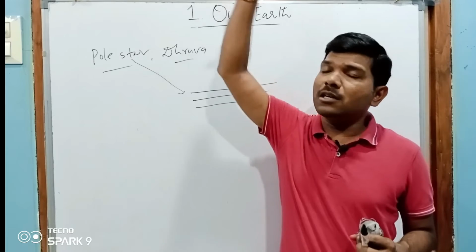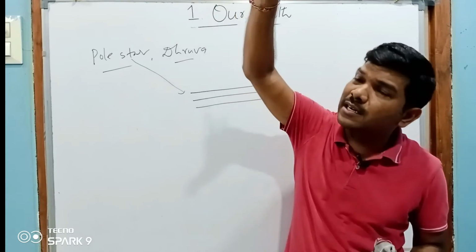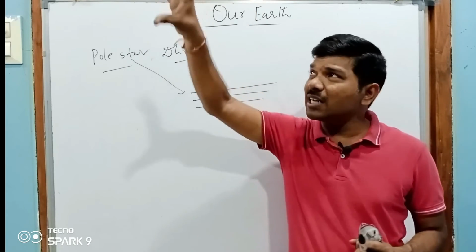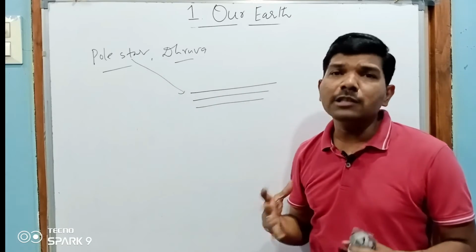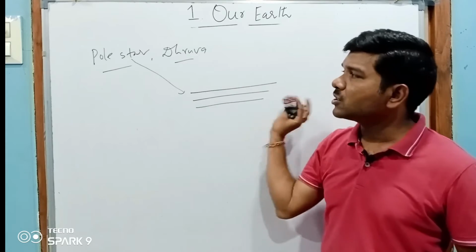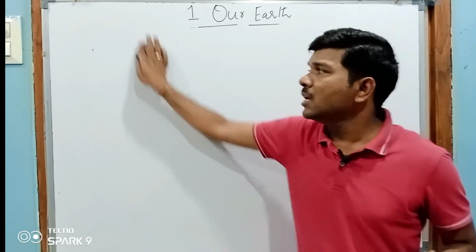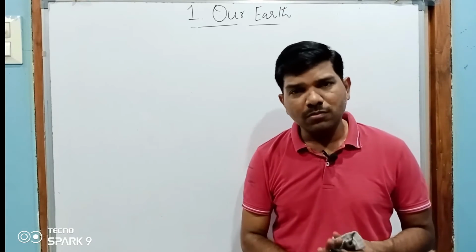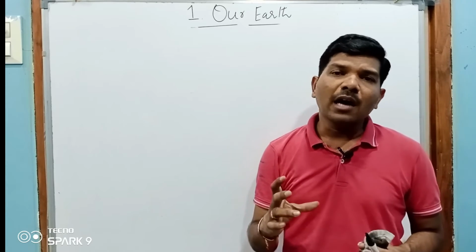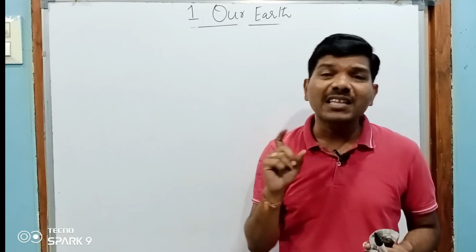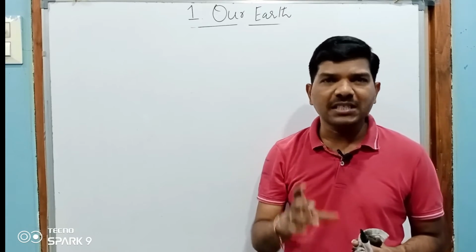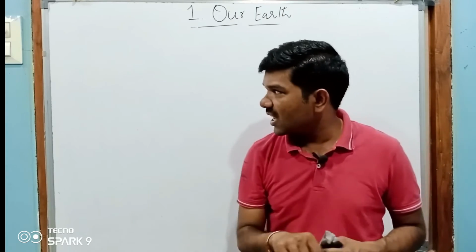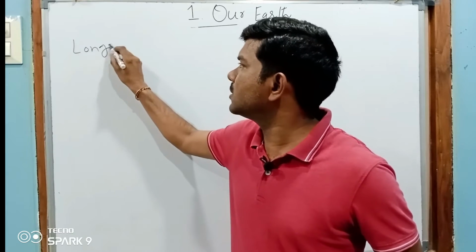The pole star is located differently for different places, so the latitude is different, and the position of the pole star differs. So they tried to measure the latitude of a particular place with the help of the pole star. I repeat, they used the dhruva nakshatram, the pole star, as the basis for measuring latitudes. Next, longitudes.